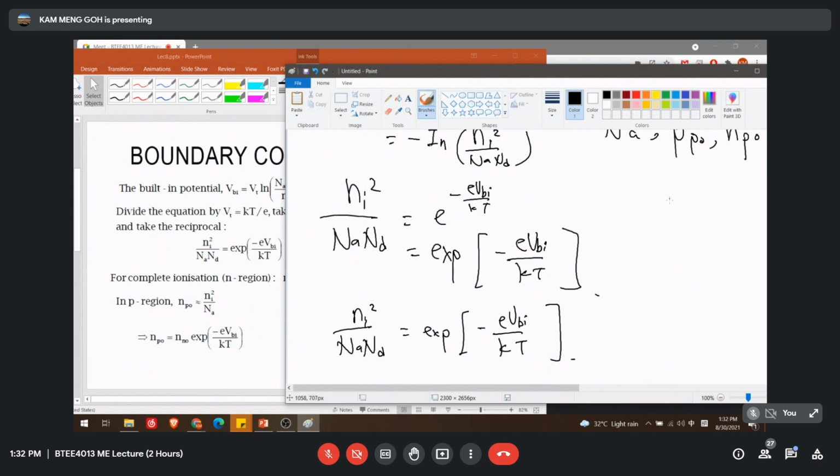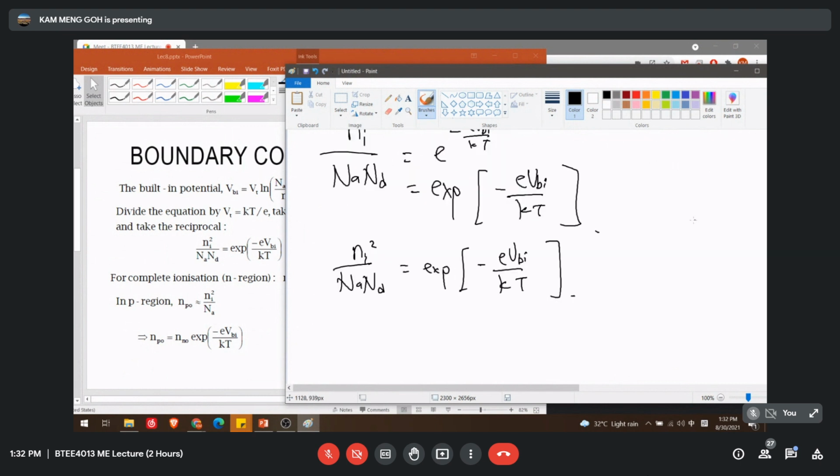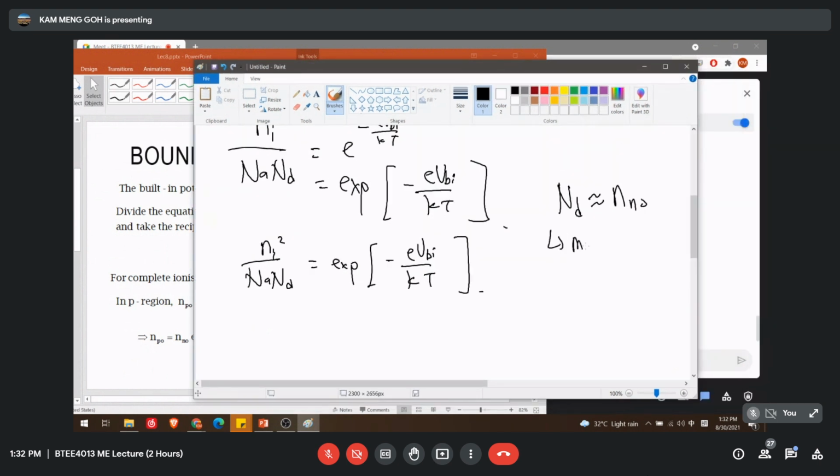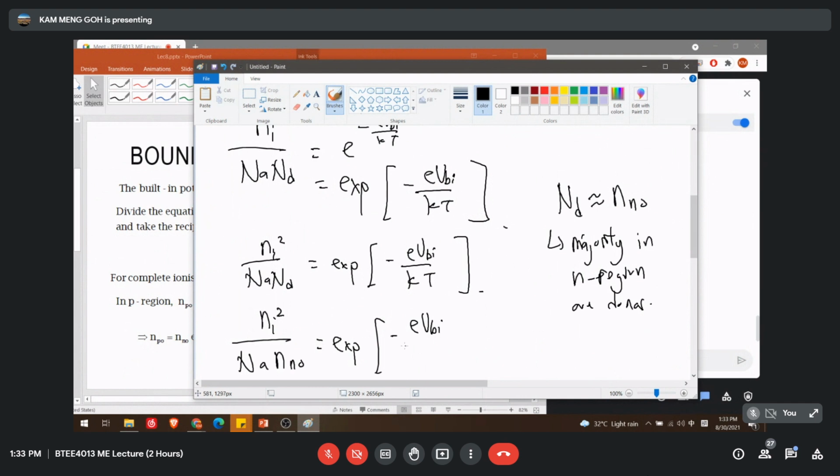Okay, so we are trying to relate all this together. We know that the ND will be equal to the NNO. This thing is the majority in the N region, which are donors. Make sense? So we can write that NI squared will be equal to NA times NNO times the exponential negative e VBI over kT.